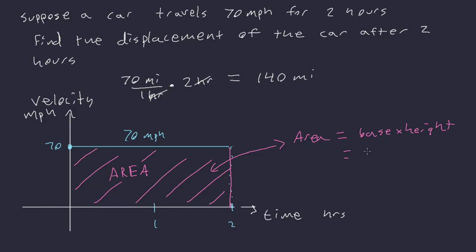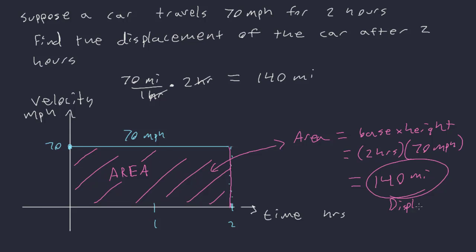So the base in this case is 2 hours, while the height is 70 miles per hour. So the area actually comes out to be 140 miles, which is the displacement.